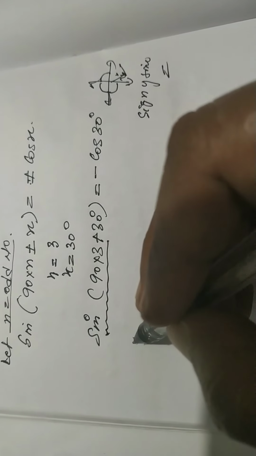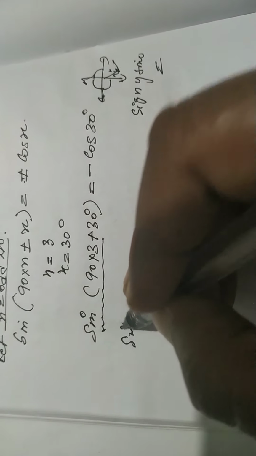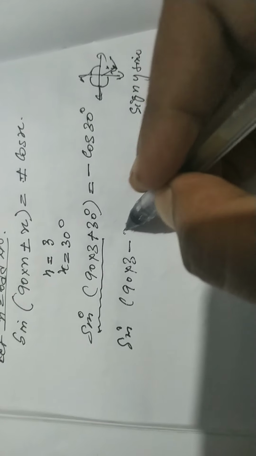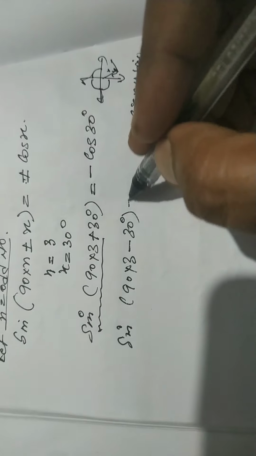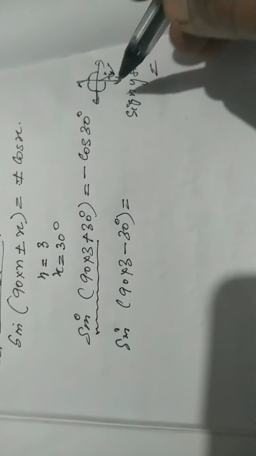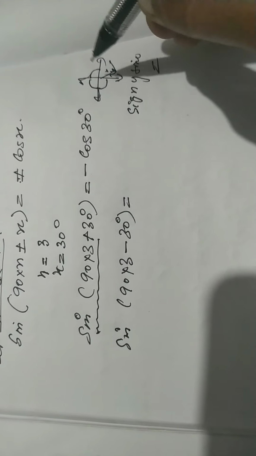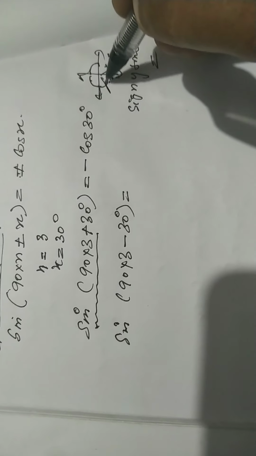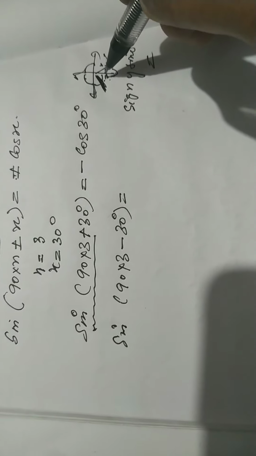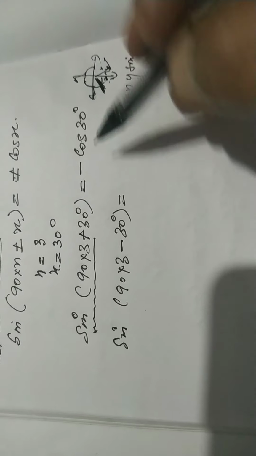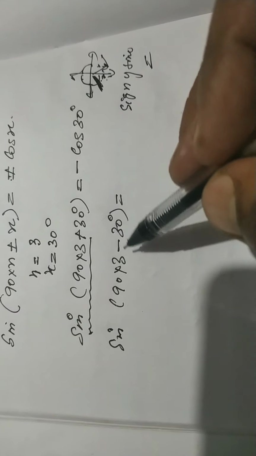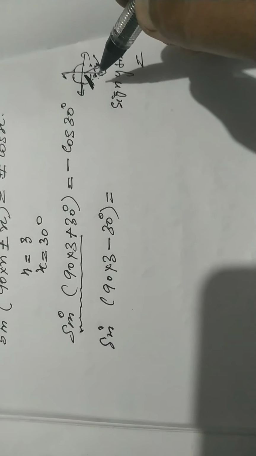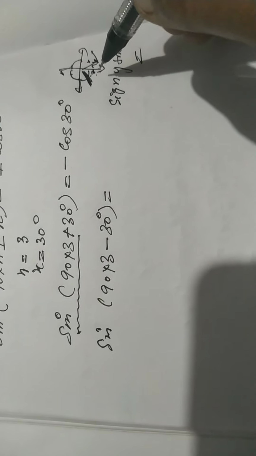Now the second rule, the same thing. sin(90 × 3 − 30°): that is 270° minus 30°, which is 240°, greater than 180° and less than 270°.